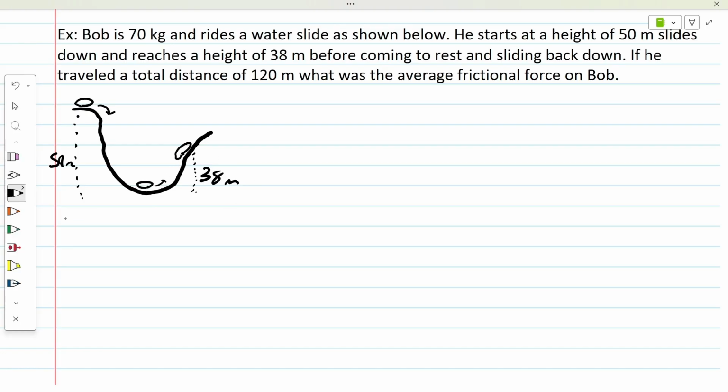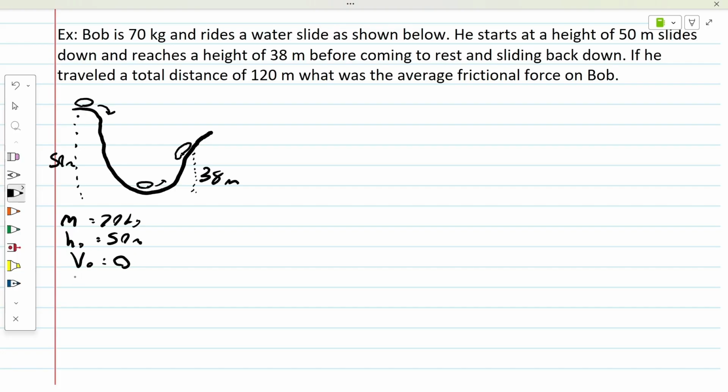So let's list what we have here. We have the mass, which is 70 kilograms. We have his initial height, which is 50 meters. And what is his initial velocity? He starts sliding down, but we can say that this initial velocity is 0 because he starts from rest, and then gravity starts to take him down this hill.